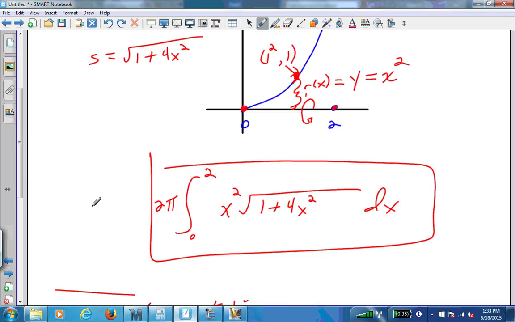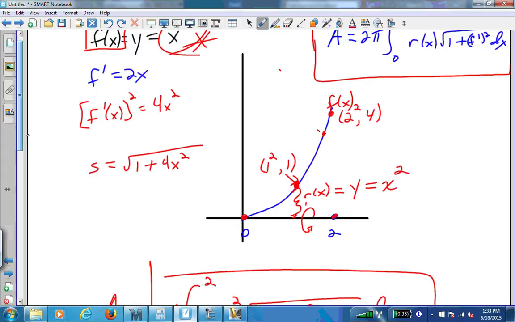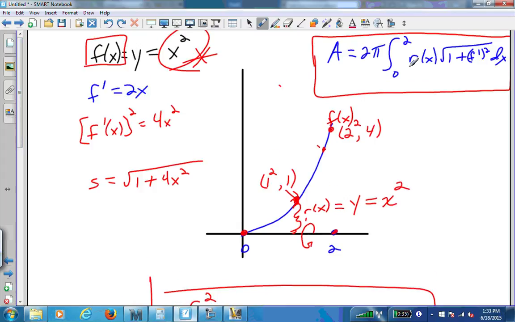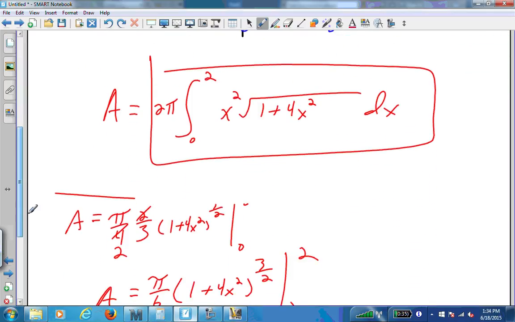And don't forget, we have our 2 pi out. So that's our surface area. Let's just call that A. 2 pi, integrate doing dx, so from the left x to the right x, our radius times the arc length. 2 pi, left to right, our radius, our arc length.